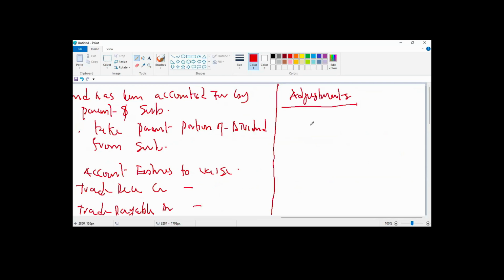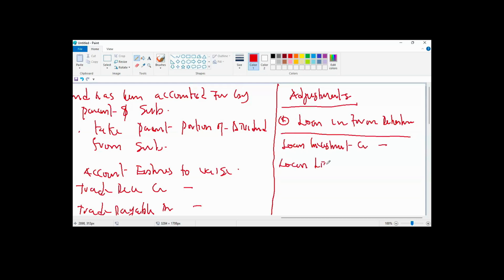Number one of it is loan in form of debentures. Don't forget, loan must be eliminated by saying loan investments, any form of loan, then loan liability. You cannot give yourself loan because you are a single entity.